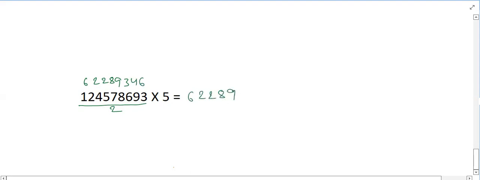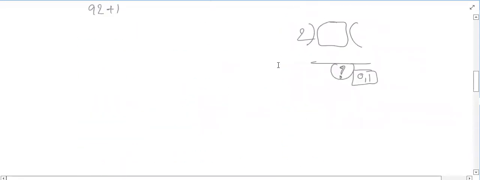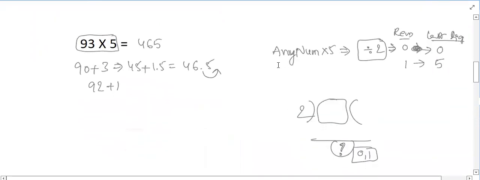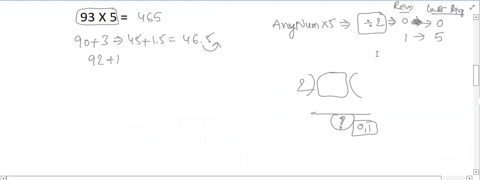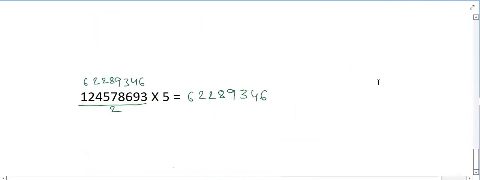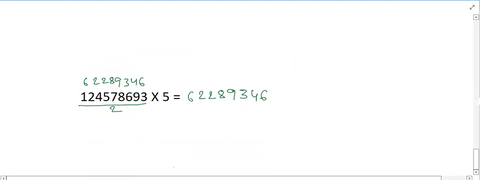No. If the remainder is 1, last digit is... See this point. Based on the remainder, we have to keep the last digit. Remainder 0, last digit 0; remainder 1, last digit 5. Yes, sir. So here the last digit is 5. And this is your answer finally.